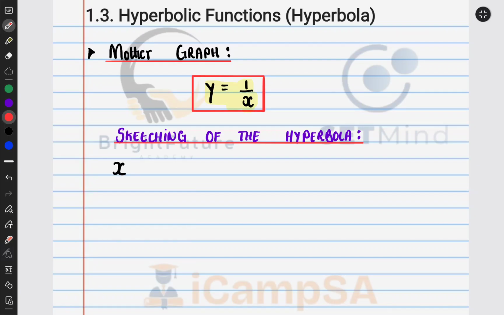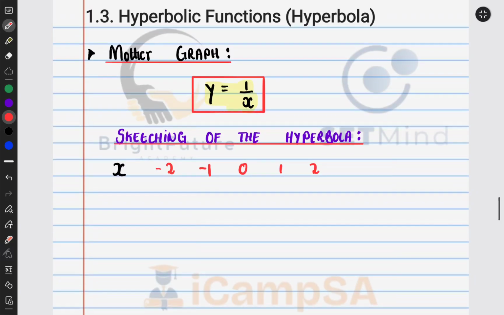We'll start with -2, -1, 0, 1, 2. Just a few x values. Then let's find the corresponding y values for this equation: y equals 1 over x, and we substitute the x values.